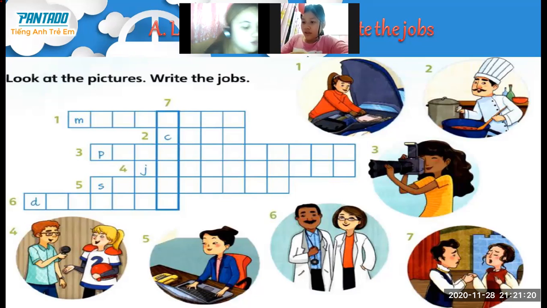When you have to fix the machine, then what are you? What's your job? Starts with letter M.